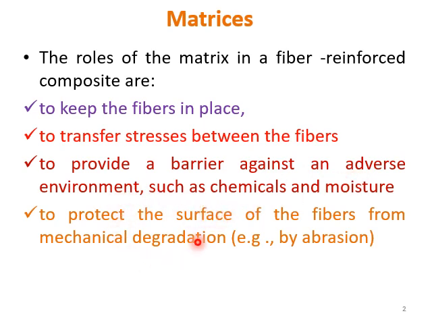Like if there is a composite and, suppose in application, it rubs against another part, the fibers do not undergo direct abrasion with the other surface. It is the matrix enclosing or shielding the fibers which is exposed to abrasion or to mechanical degradation. Thereby the fibers are being shielded by the matrix, right? That is the protective function of the matrix. So these things we have discussed.